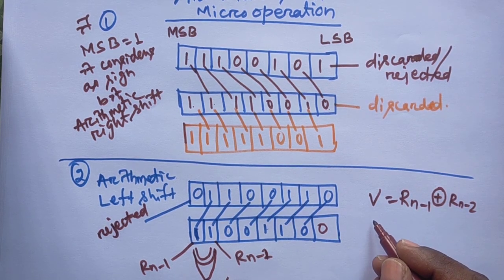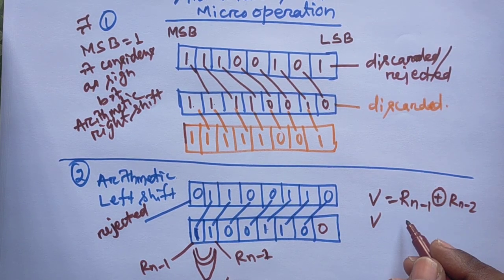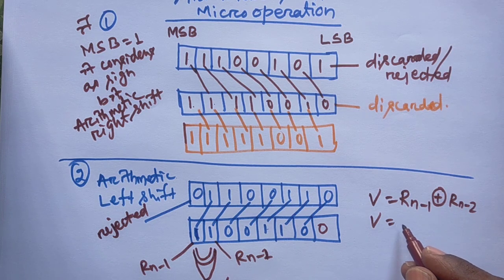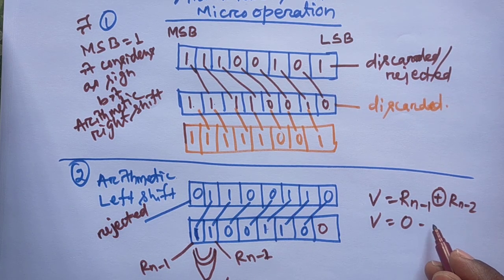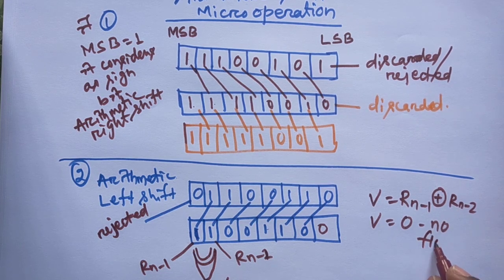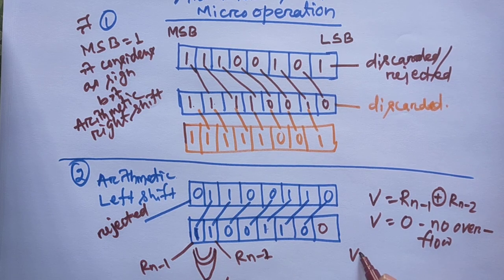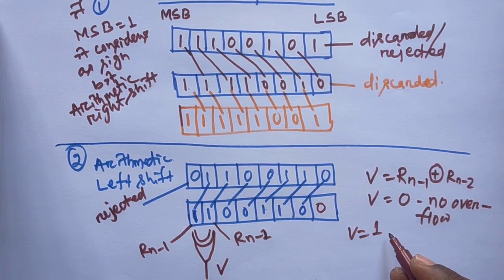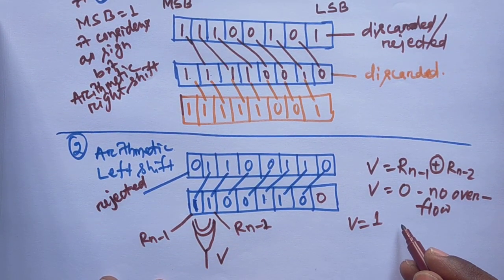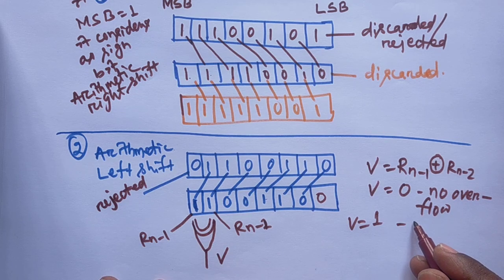If this V value is 0, there is no overflow. You see that, no overflow. Okay, if V is 1, then the overflow condition will be applied.